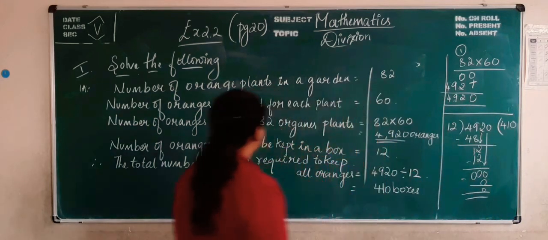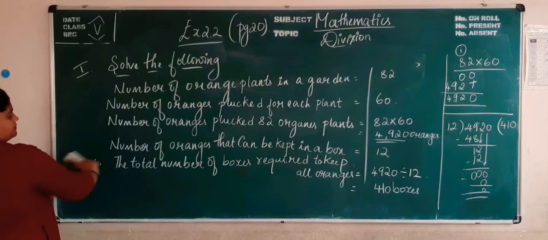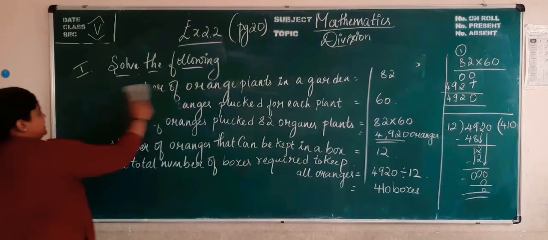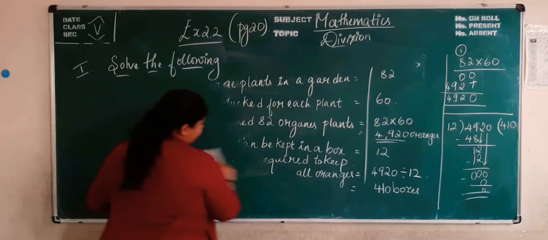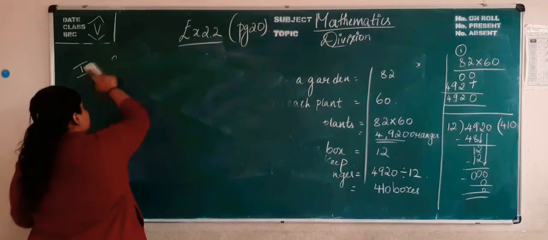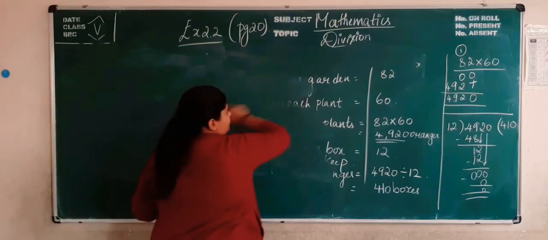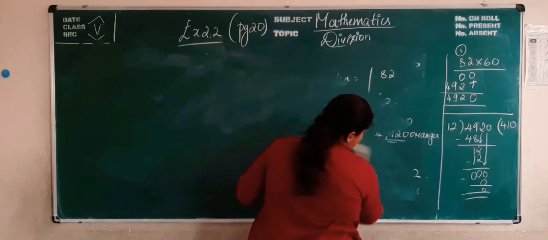Okay. Next, we shall move on to the second word problem. I hope it is clear. If you still have confusion, you can replay the video and watch. Now you can pause the video and write down the next question.